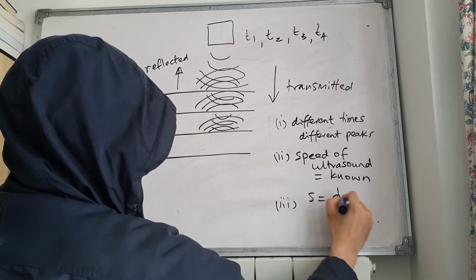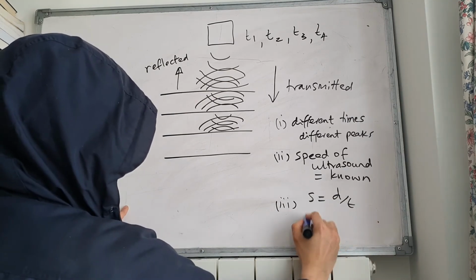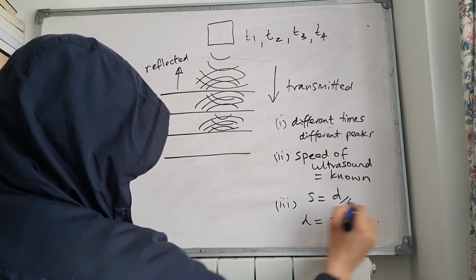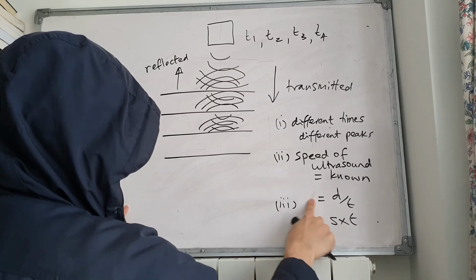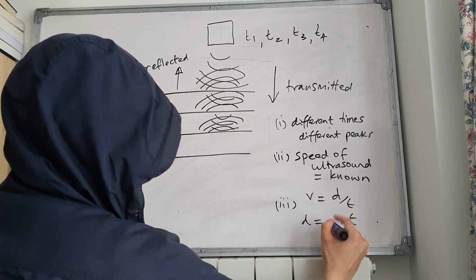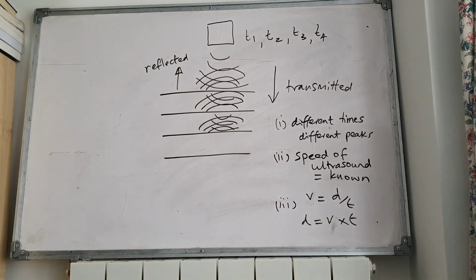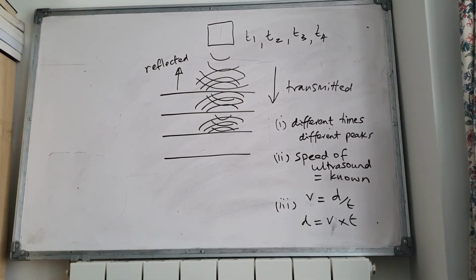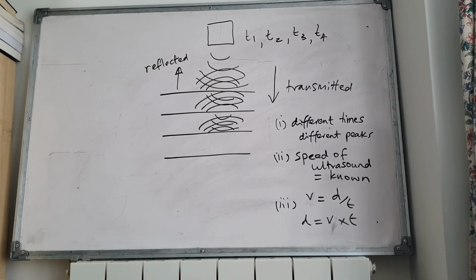Speed equals distance divided by time. So you know that distance is equal to speed times time. Oh, let's use V, not S. So you can work out using distance equals speed times time. You know the speed of ultrasound, different times, some of it gets reflected back. So different times, speed is known. Yep. So those are your 3 marks.